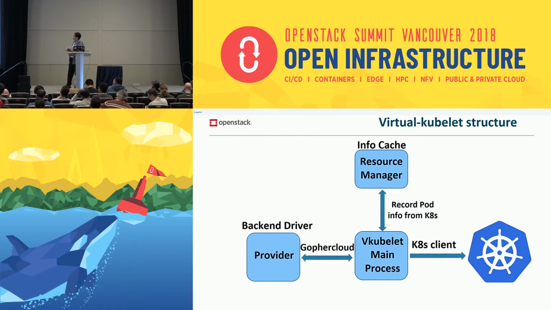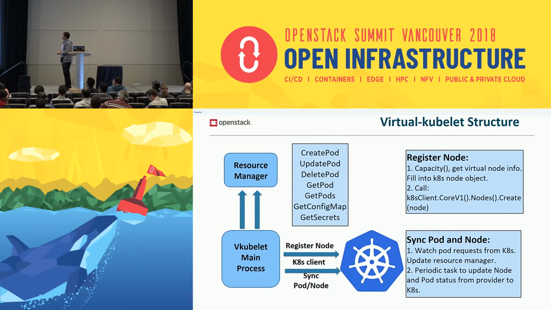So if we choose Zun, we will use Gophercloud to communicate with the provider. And virtual kubelet will use the Kubernetes client to talk to the Kubernetes cluster. We have the detailed information to make it clearer. So I will introduce the right part first and then the left part, because it is a little complicated.